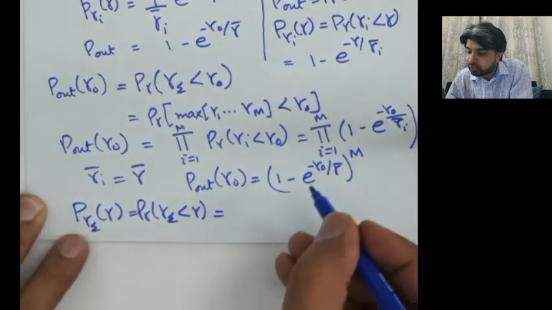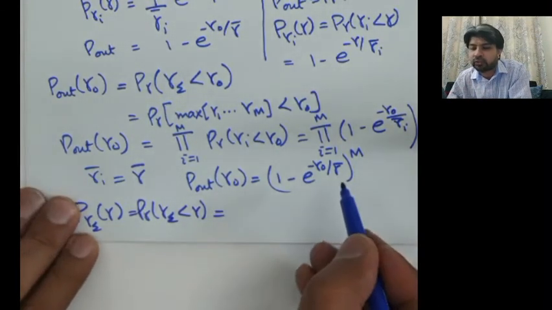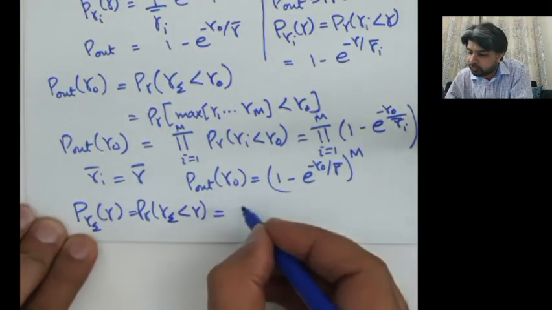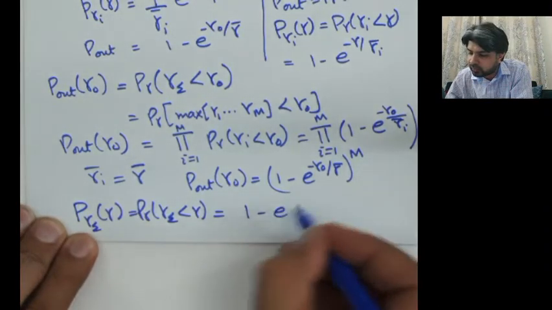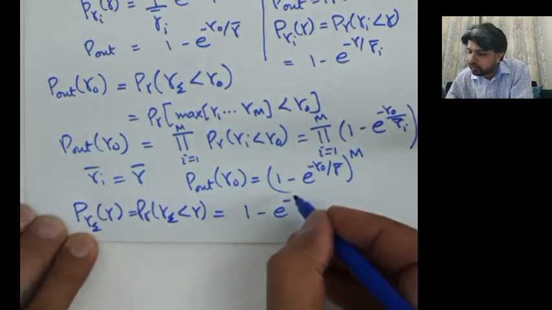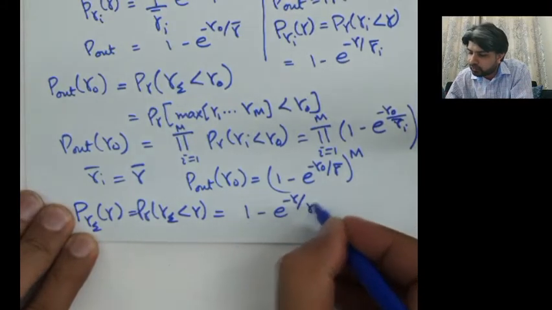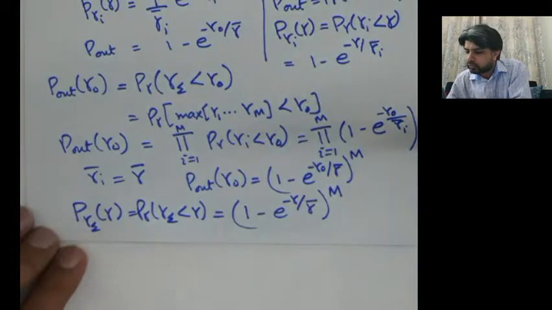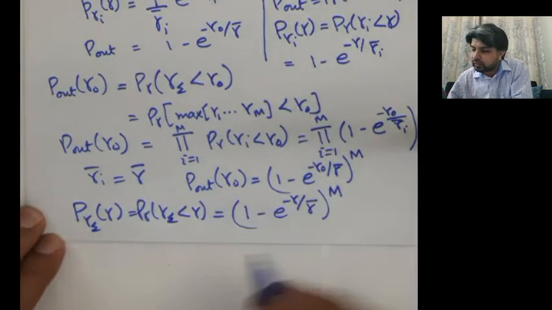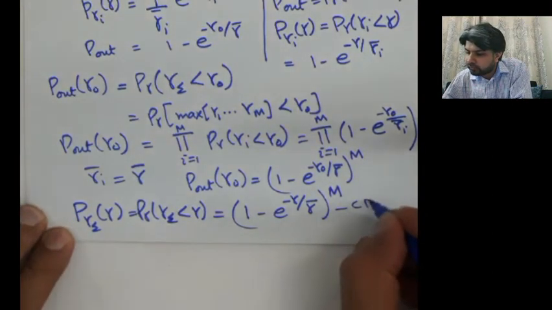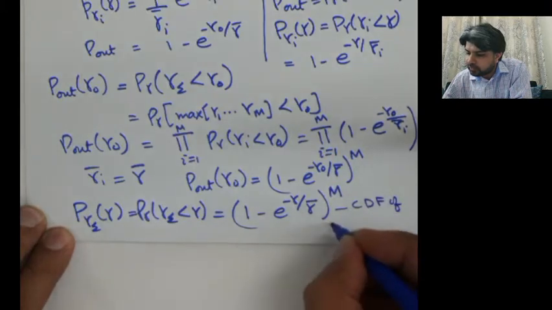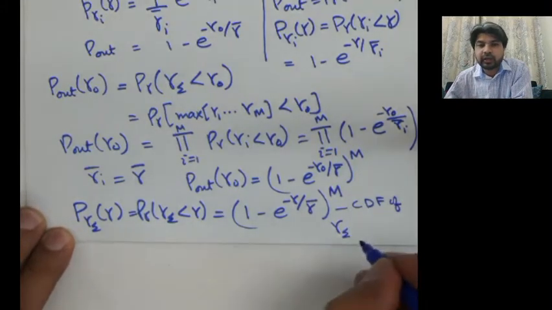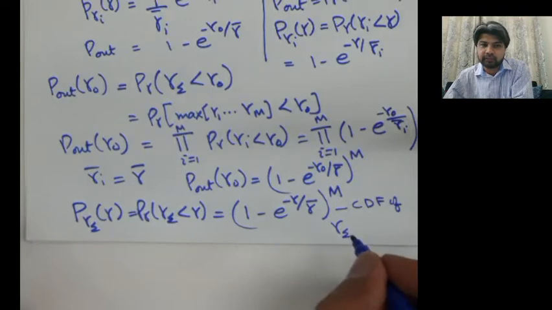Under the assumption of equal branch SNRs, that would be equal to 1 minus e to the power minus gamma over gamma bar, whole to the power M. So that would be the CDF of gamma sigma under Rayleigh fading with equal branch SNR.